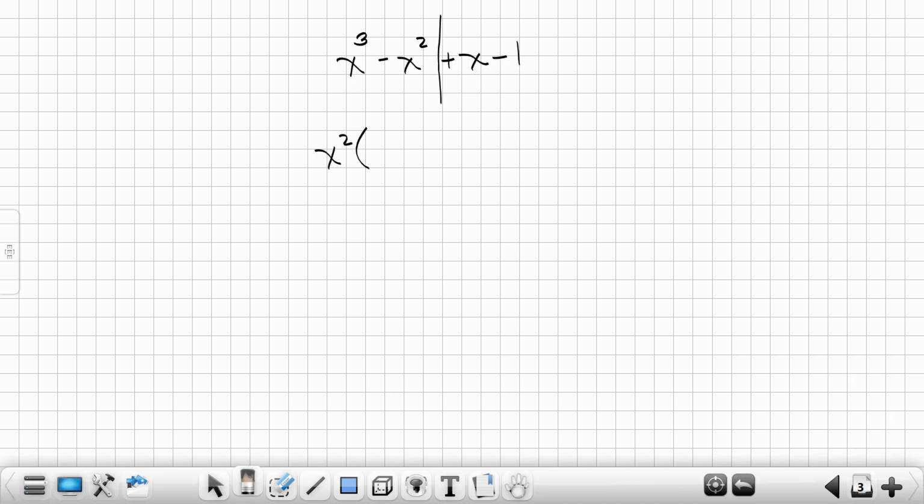If I take x squared out of x cubed, what's left over? X. If I take x squared out of x squared, what do I have left? 1. What could I factor out of x and a negative 1? 1, because there's nothing the same between x and negative 1. So I could take 1 out of it.